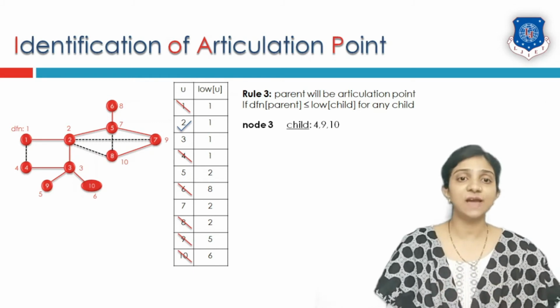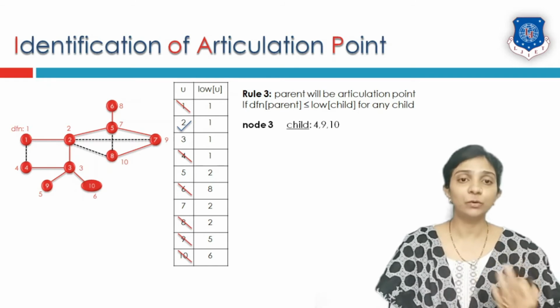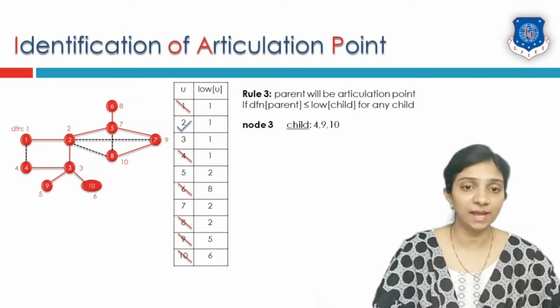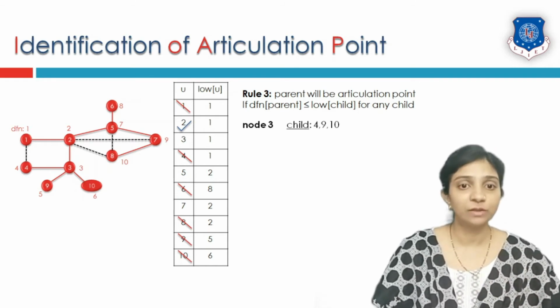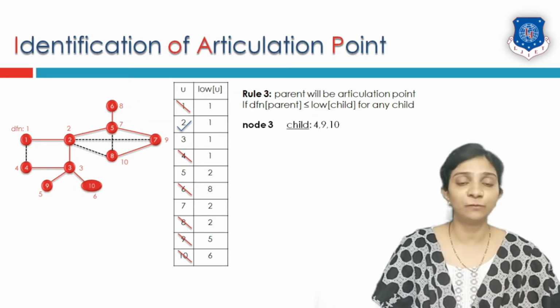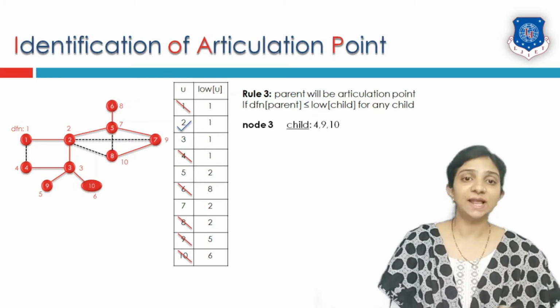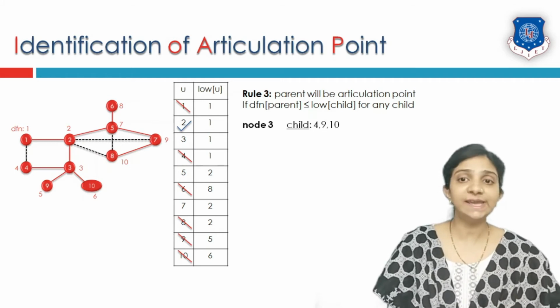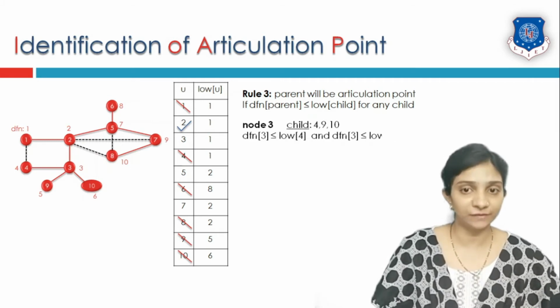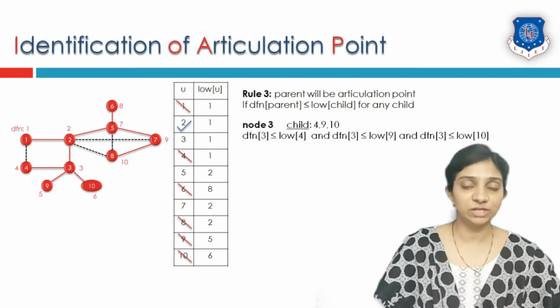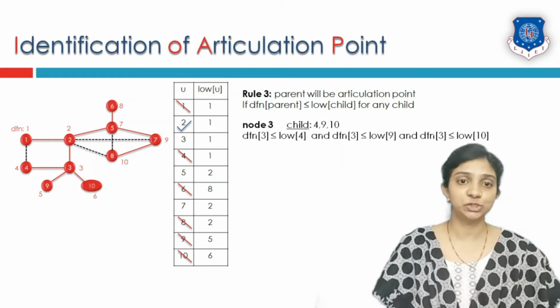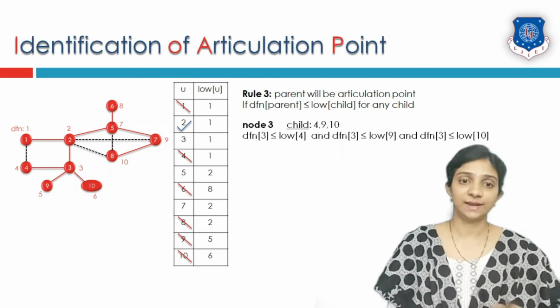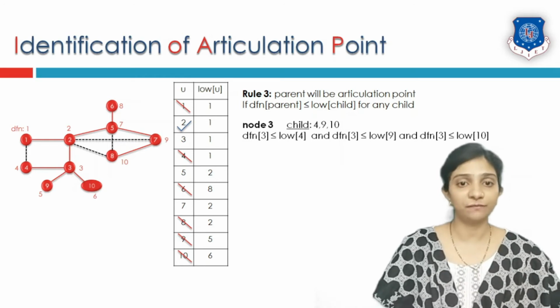Let us work for vertex number 3. Vertex 3 has 3 children: vertex number 4, vertex number 9 and vertex number 10. So DFN of vertex 3 should be lesser than or equal to low of any of its children. So it should be lesser than low of 4, also lesser than low of 9, and lesser than low of 10.